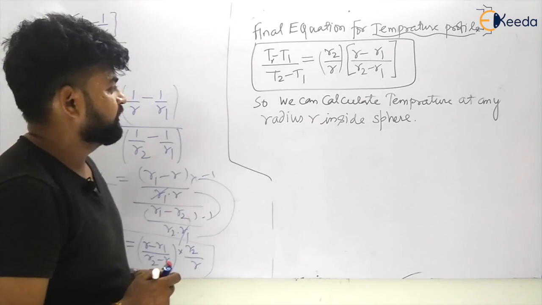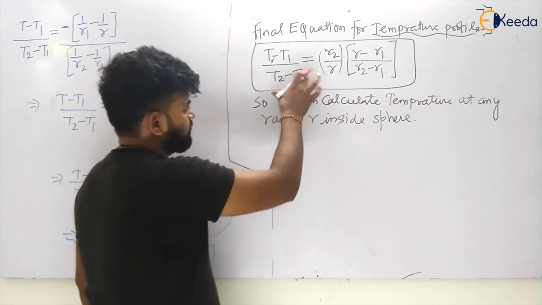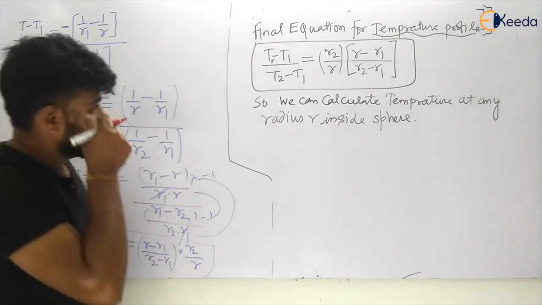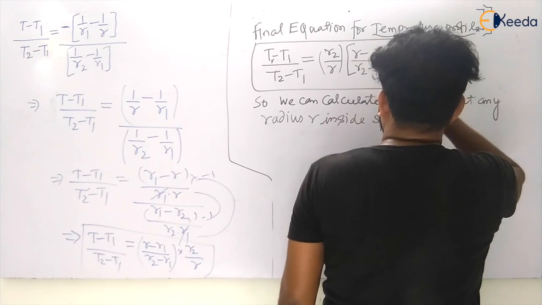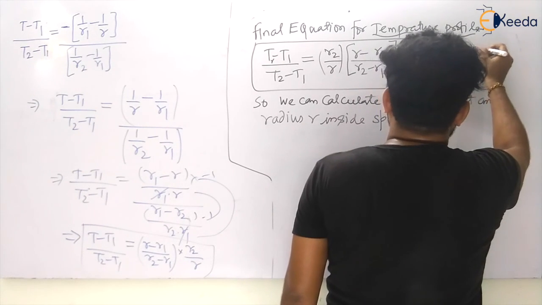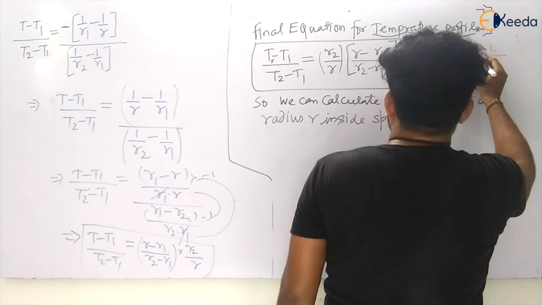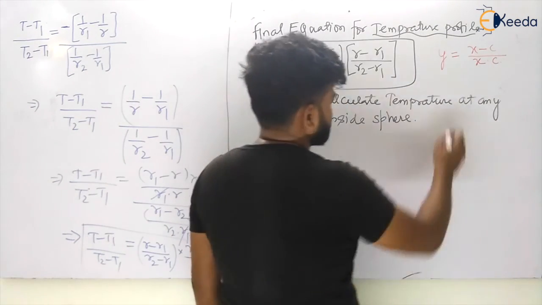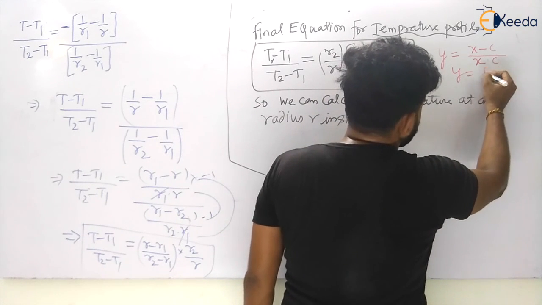So how do I have to calculate heat transfer? Let us see. So this is your temperature profile, which is something like this, or we can say y is equal to x minus some constant c divided by x into some constant c, or we can say 1 minus 1 upon x.